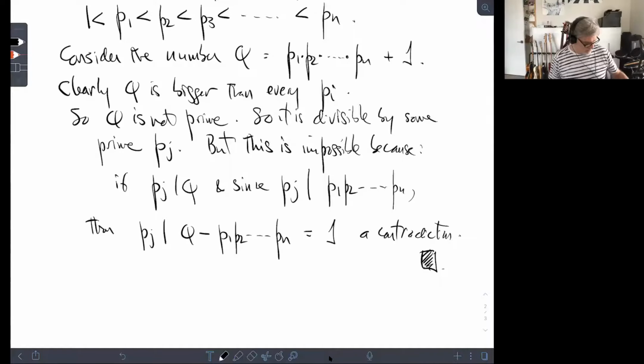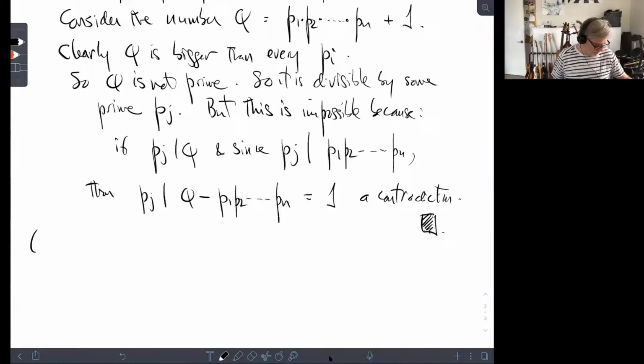Yeah, so let's just suppose, just to illustrate, suppose the biggest prime is 13, right? So suppose we have these primes, 2, 3, 5, 7, 11, and 13. Let's say this is P1 to P6.